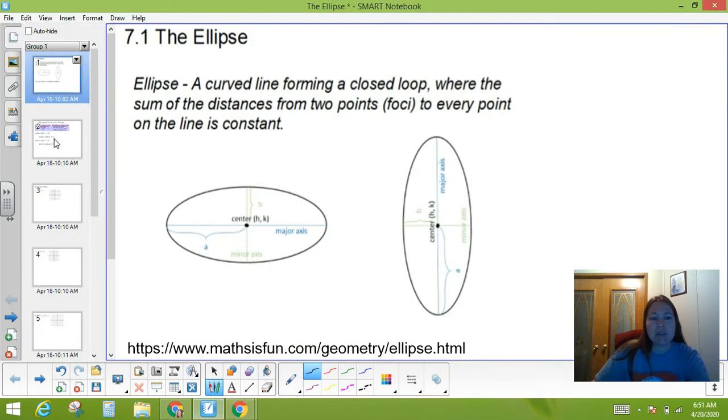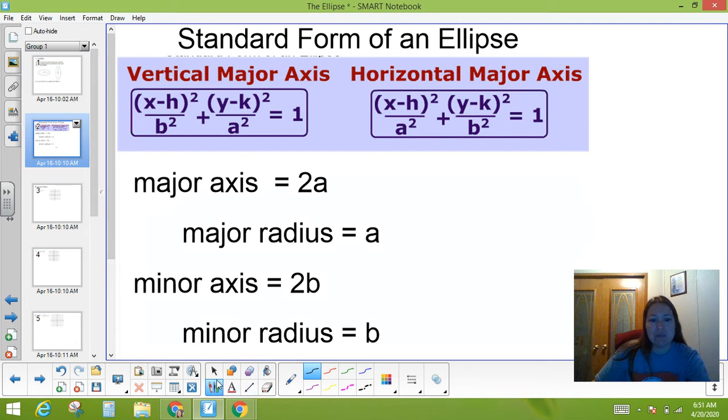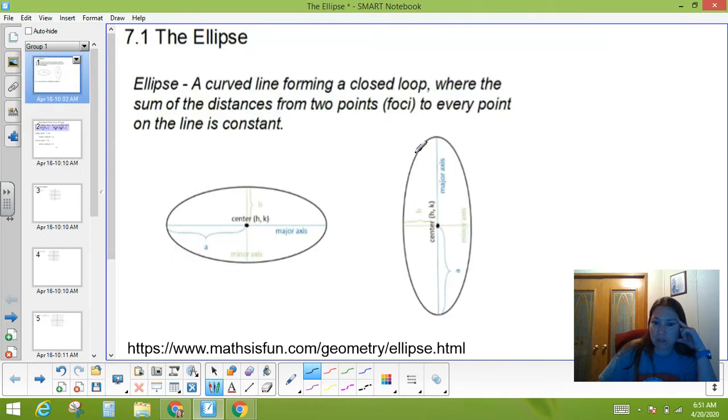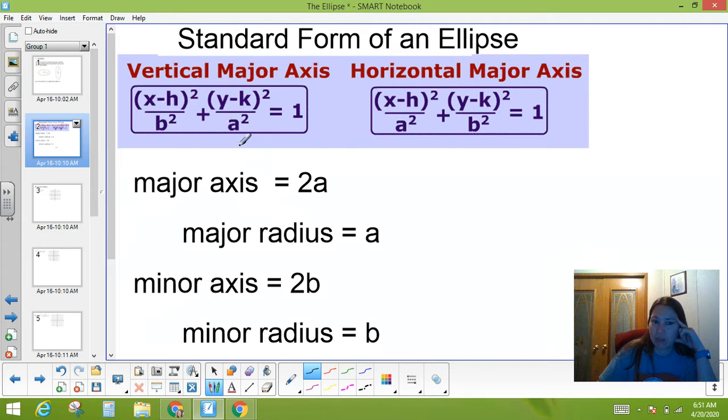All right, so what I do need you to understand is that for an ellipse, it's one equation, but for some reason they want to make it more complicated than it needs to be. We're going to simplify it when we start graphing, but an ellipse can be written like this, or it can be written like this. If we have a vertical major axis, which is going to give us this picture, then the y has the bigger number underneath.